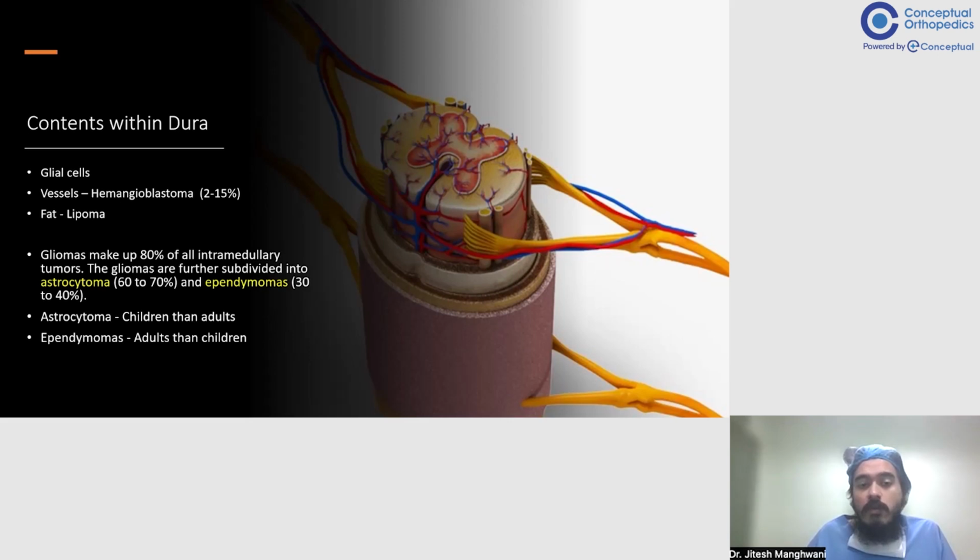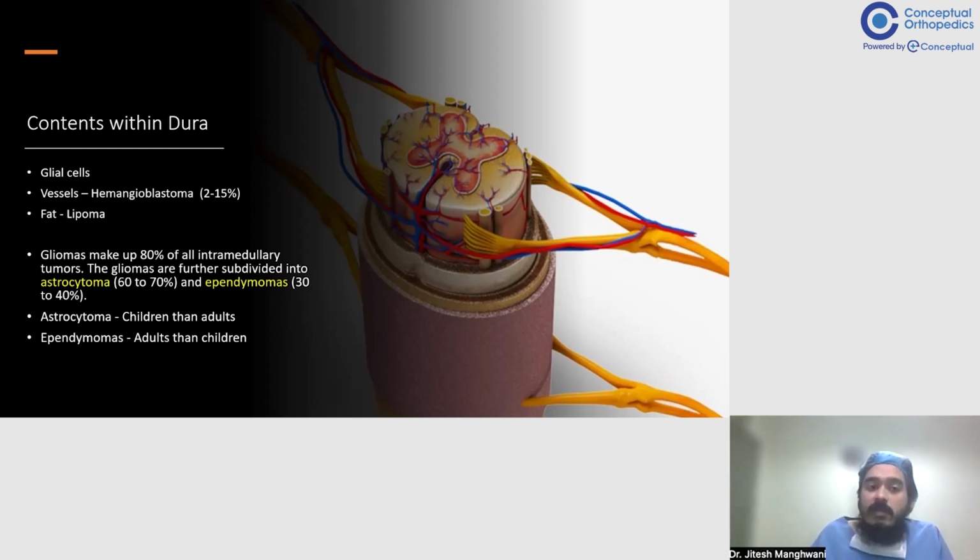Gliomas make up to 80% of the intramedullary tumors. So out of these three, the ones that originate from the glial cells are the most common. Now, these gliomas may be subdivided further into two, astrocytomas and ependymomas, out of which astrocytomas are more common as compared to ependymomas. The difference we are going to talk about shortly. Astrocytomas are more common in children and ependymomas are more common in adults.